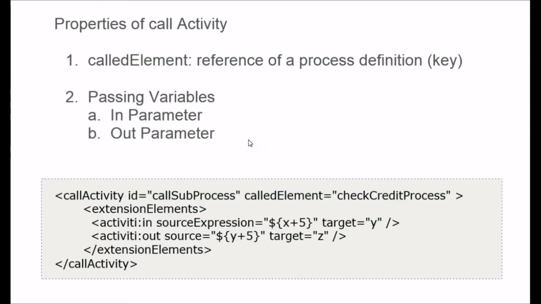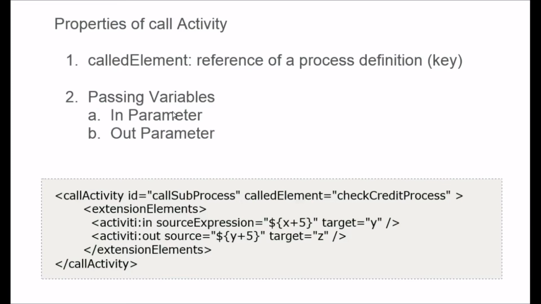Called element is used as a reference of process definition, which we can use to call an external sub-process or a process based on the key of that process. The second parameter is passing variables. Passing variables can be defined in two ways, that is in parameter and out parameter.